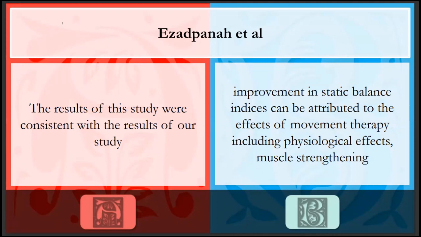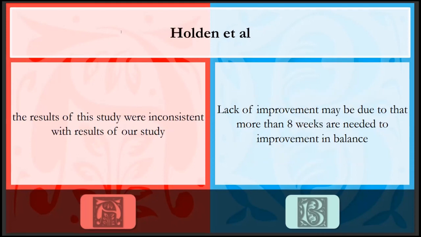Another study was Holden et al. In this study, they found results inconsistent with the results of our study. The reason for these results was lack of improvement, maybe because more than 8 weeks are needed for improvement in balance.